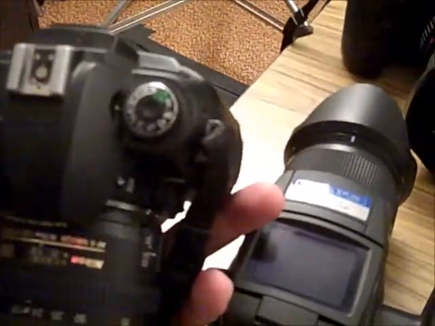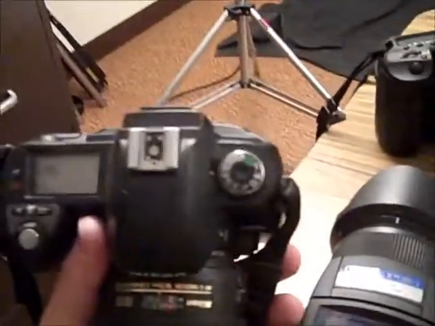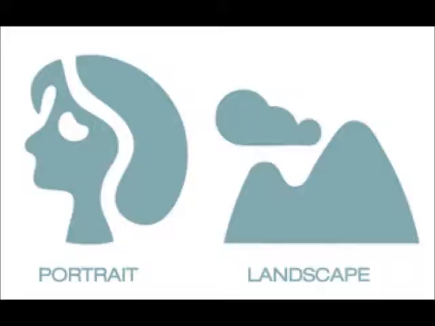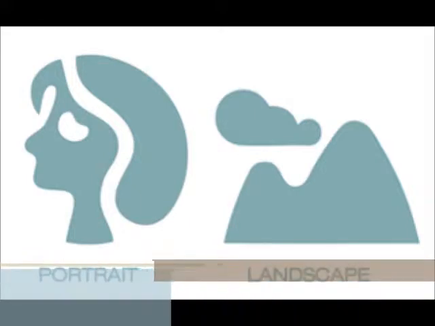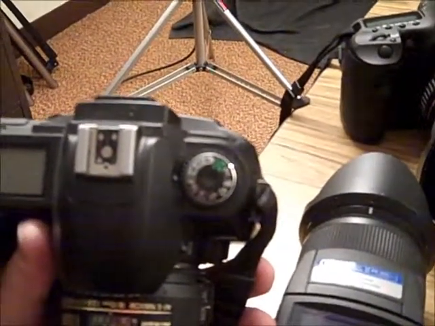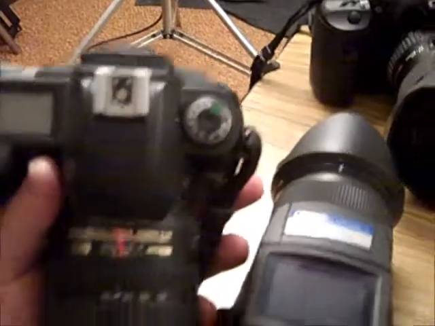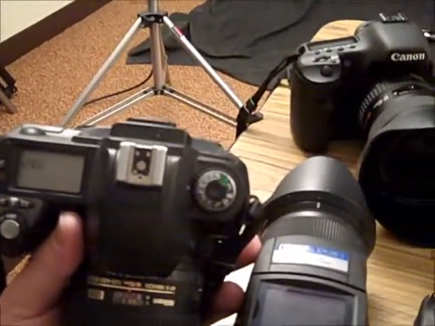We also have, and it's tough to see, if you look closely, and I can't get that focused in there, we have a little mountain, which is our landscape scene. Now, the little mountain scene mode, landscape scene mode, is going to help us as well.